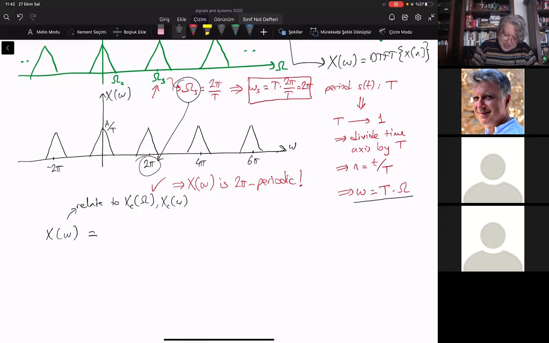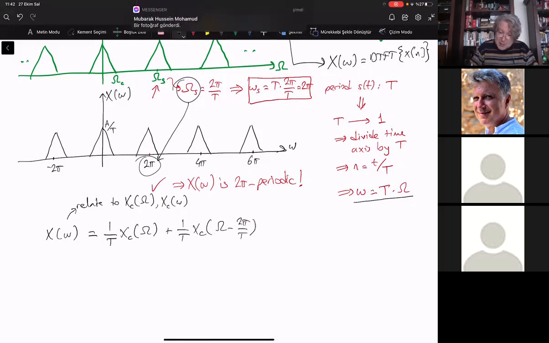X sub omega is equal to 1 over capital T, because there is a scaling factor of 1 over capital T, of x sub c of omega plus 1 over capital T x sub c of omega minus 2 pi over capital T. I'm writing it in the form of capital omega here.